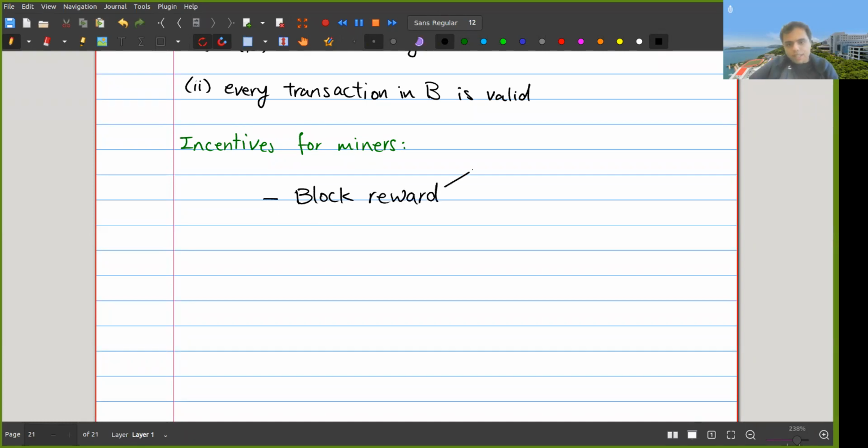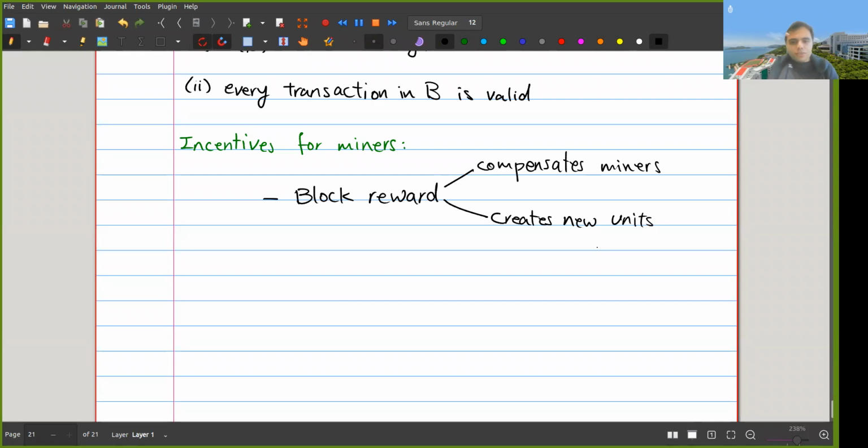And the idea is that it compensates the miners for their efforts, for doing all of this proof of work, which wasn't easy or cheap at all. And it also creates new units of currency. Okay, so we kind of solve both problems with just one solution.